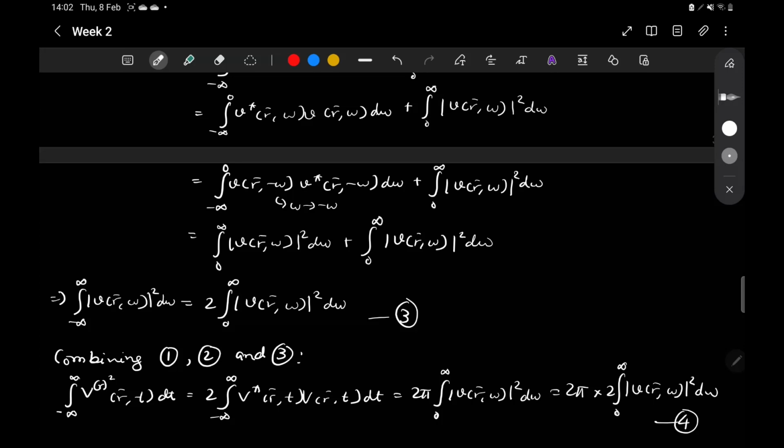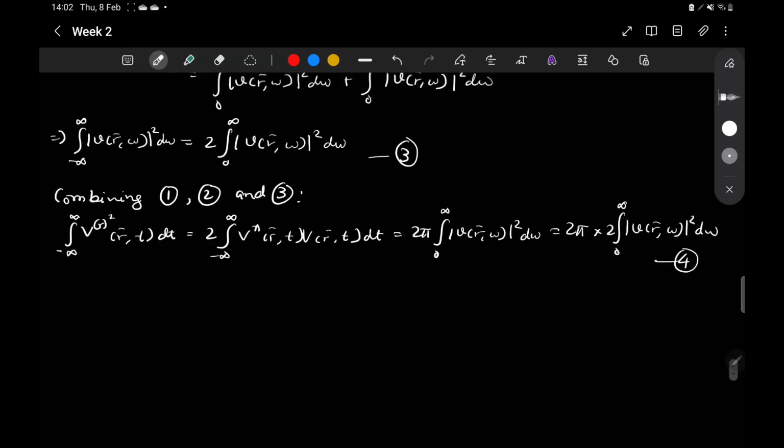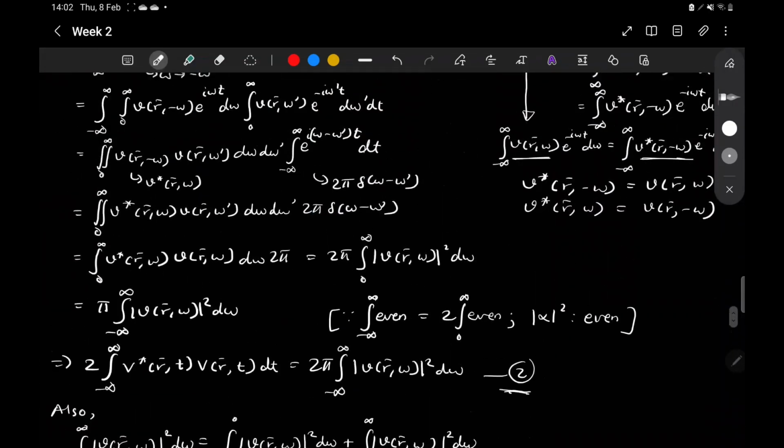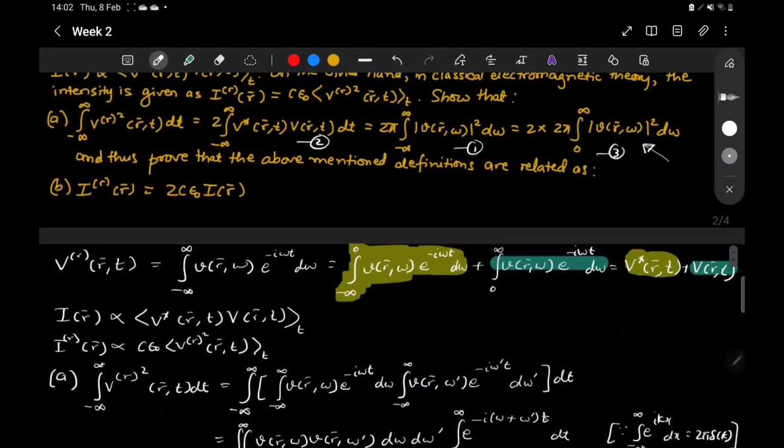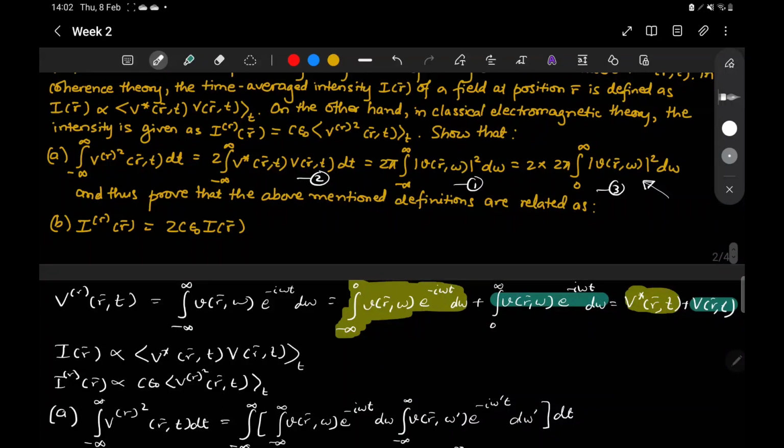Okay, so now let us move to the last part. This is very simple for intensities.